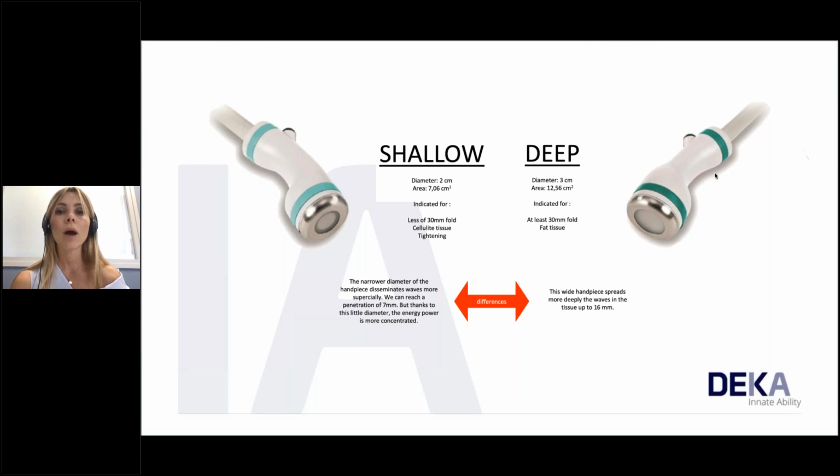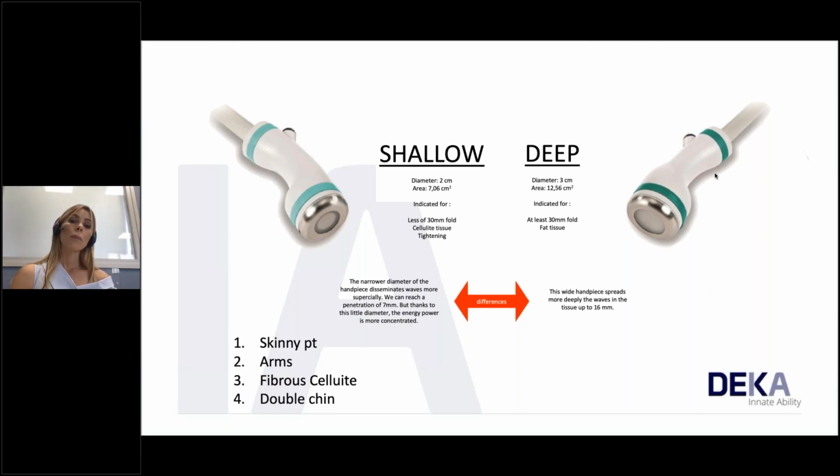What does it mean? How can I choose my end-piece? It depends on the plica that I have to treat. If I have a plica which is less than 2 centimeter, I will use the shallow end-piece. If I have a plica which is more than 2 centimeter, I will use the deep end-piece.